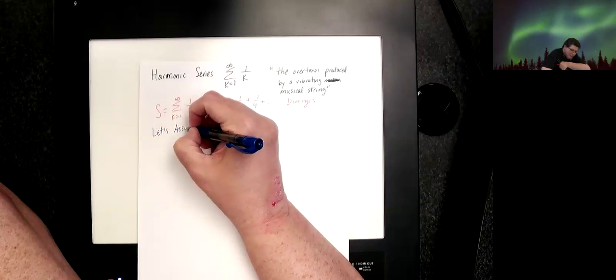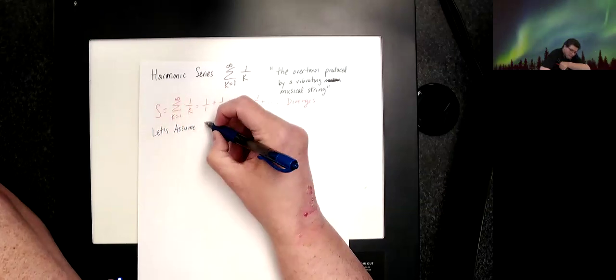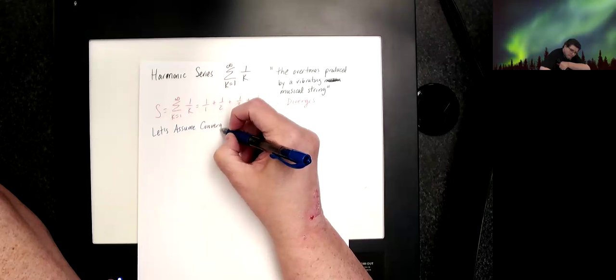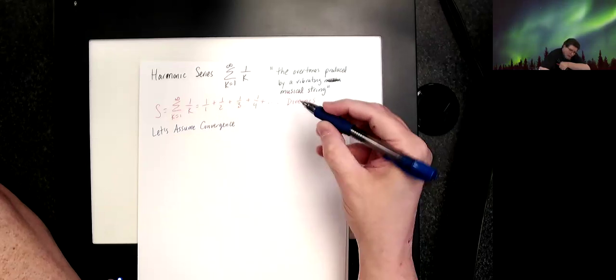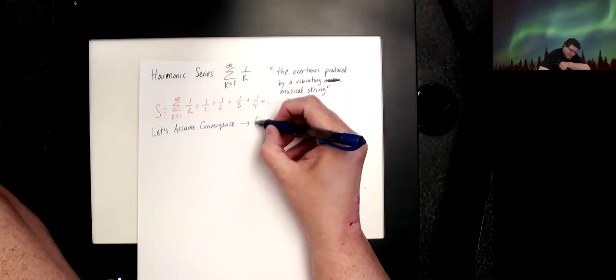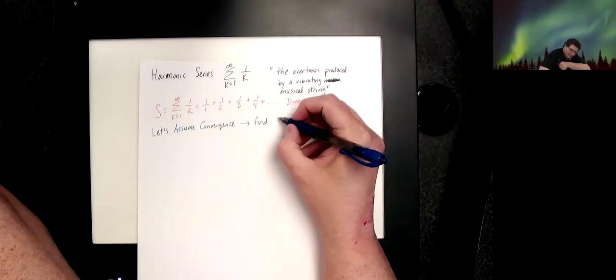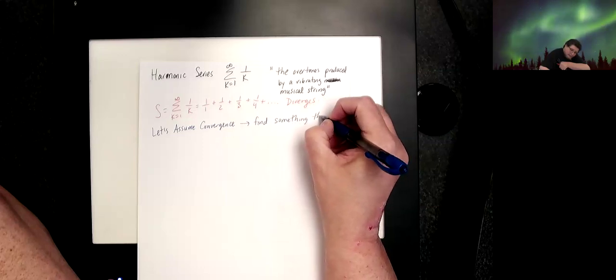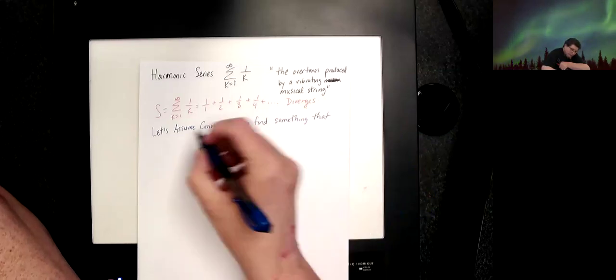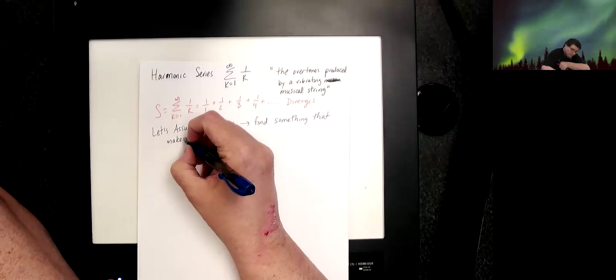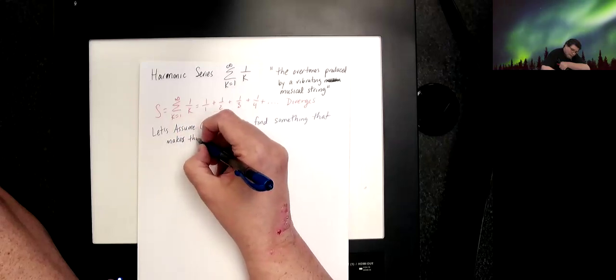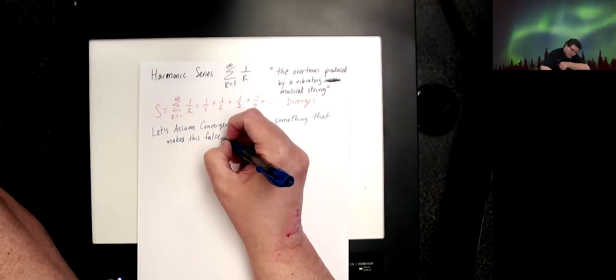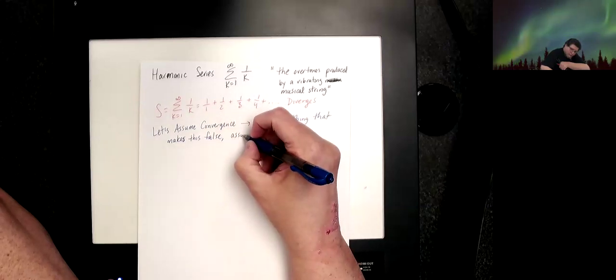Let's assume convergence, and find something that makes a false statement. Find something that makes this false. And therefore, the assumption is wrong.